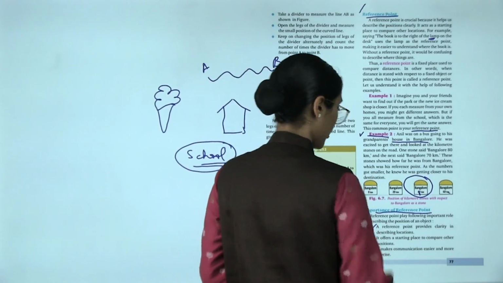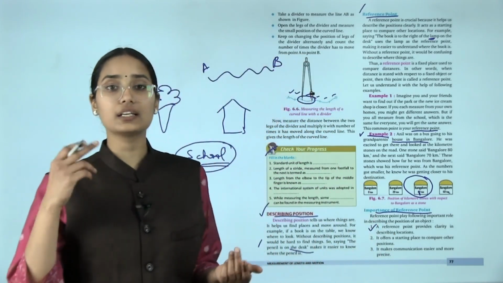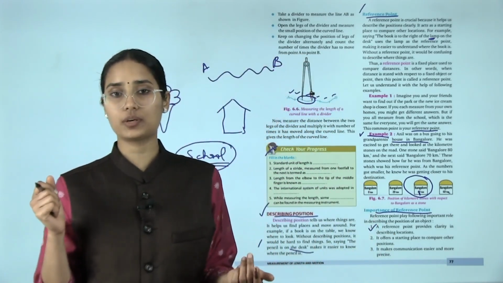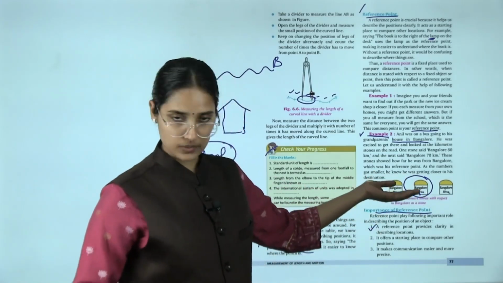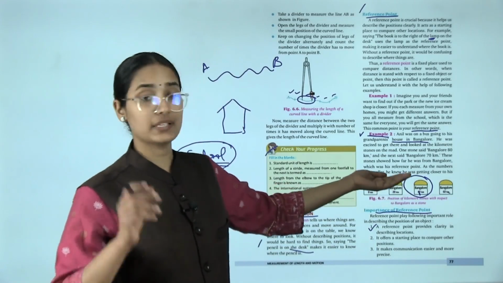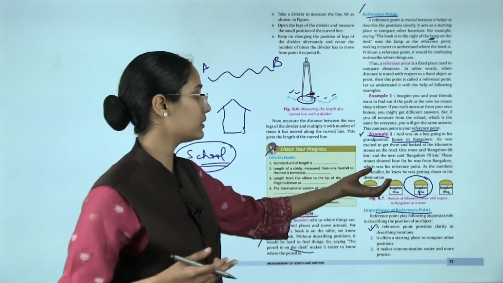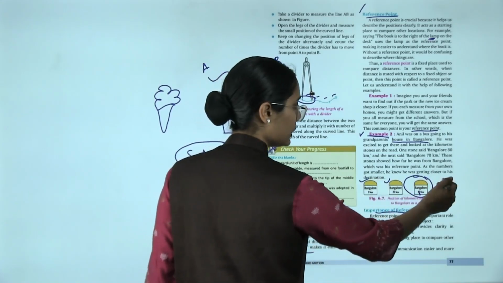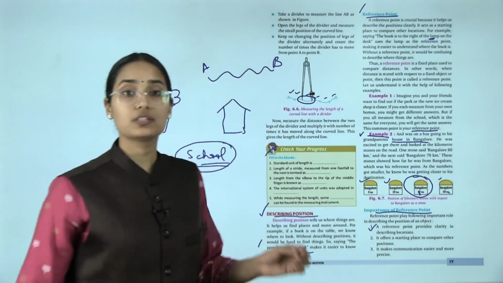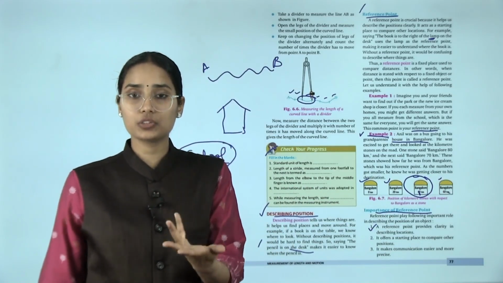It gives clarity about the location. From these stones, they are clearly telling us the distance. It is saying 20 kilometers, 0 kilometers, 40, 60. So they are giving clarity about the location.